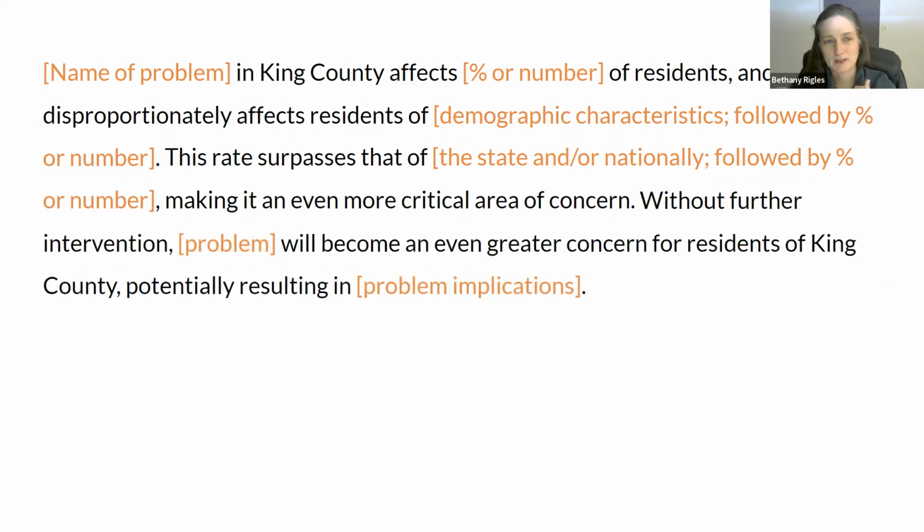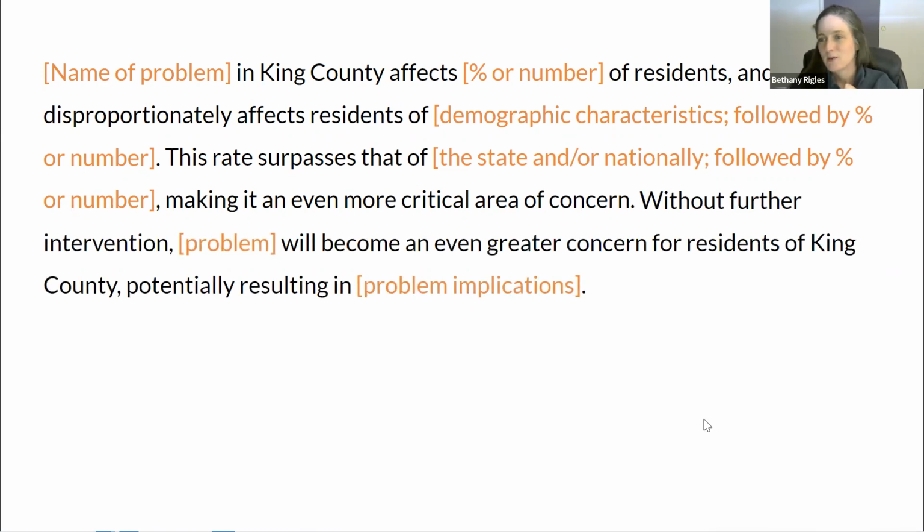Without further intervention, halitosis will become an even greater concern for residents of King County, potentially resulting in, what are some, no, Ben, this was a great example. I just, what are some of the problems that will result if we do not fix halitosis in King County or Garlic Gulch?